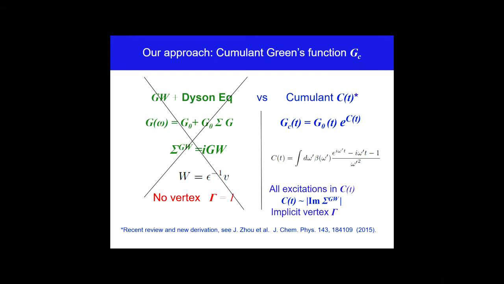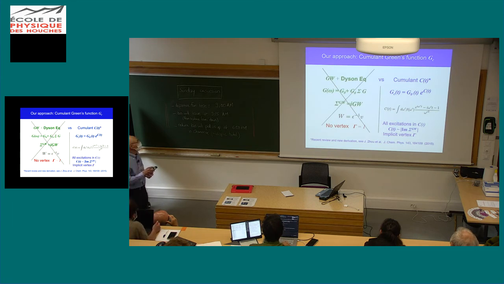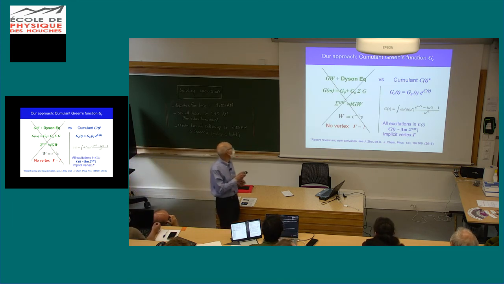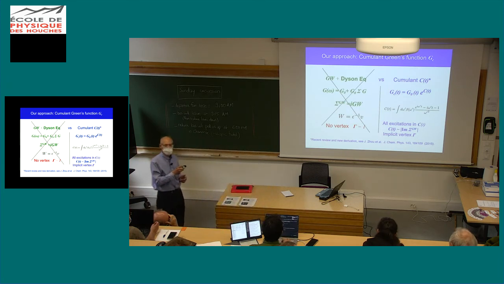How do we calculate it? There's a standard method for calculating self-energies called the Dyson equation. And of course, naturally, we don't want to use the standard approach here. It turns out there's a problem with the Dyson equation.